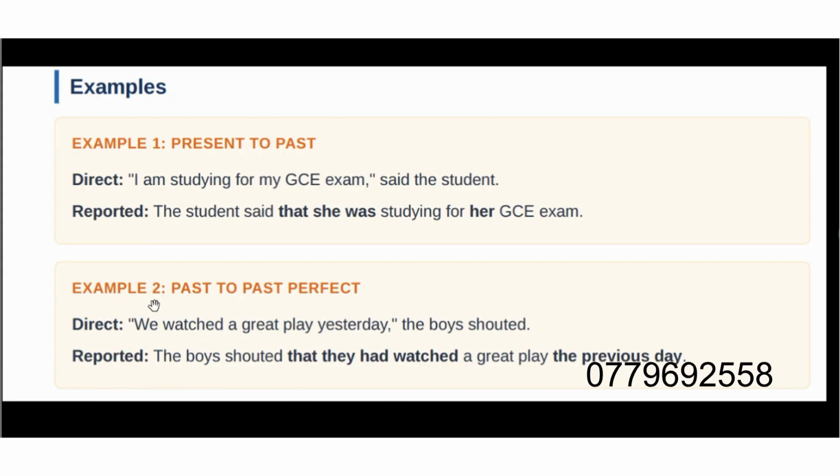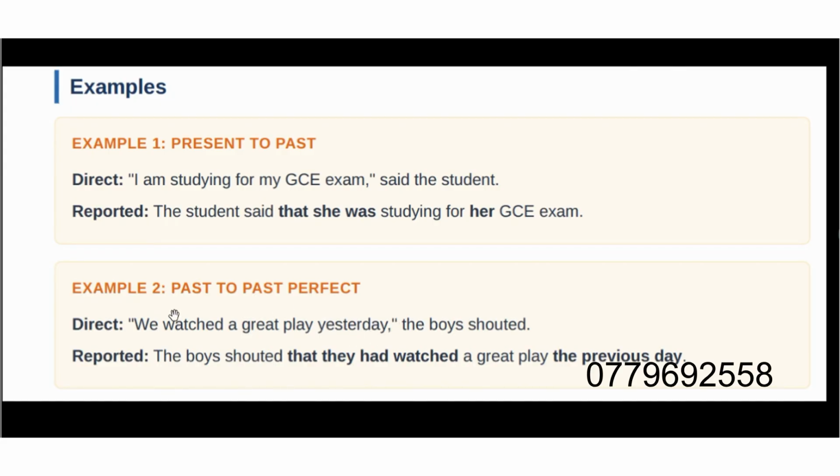Let's look at this example 2, past to past perfect. So we say that when your direct speech is in the past tense, already in the past, now here it's not in the present, it's in the past. You need to change that past to be what? A past perfect. So here's an example. In a direct speech, we have, "We watched a great play yesterday."